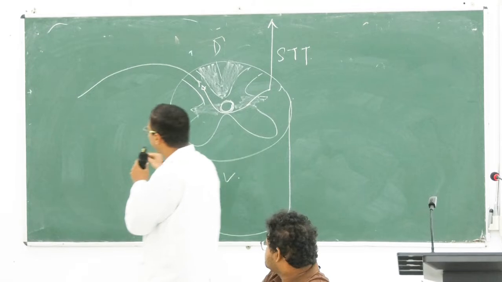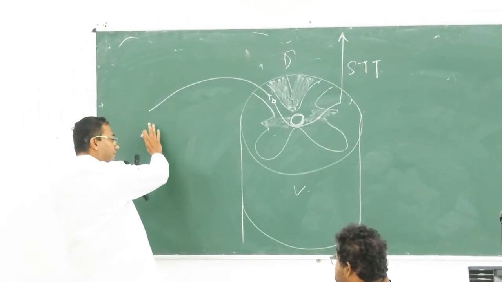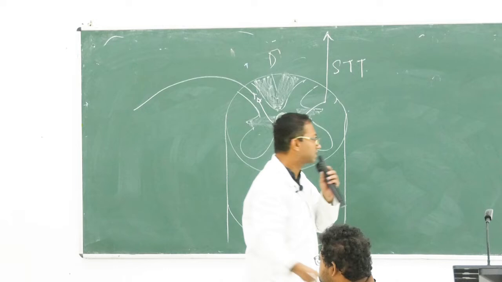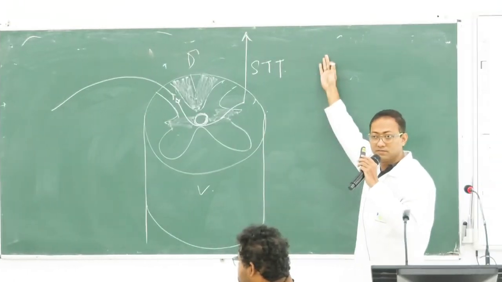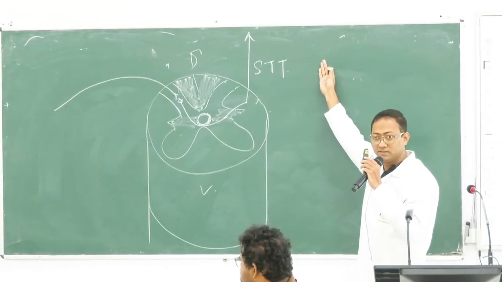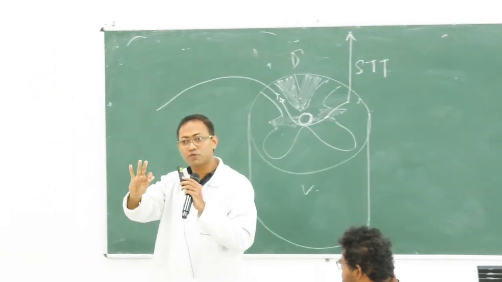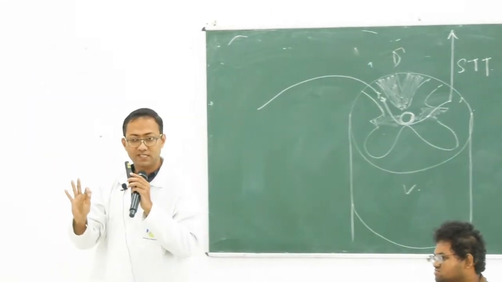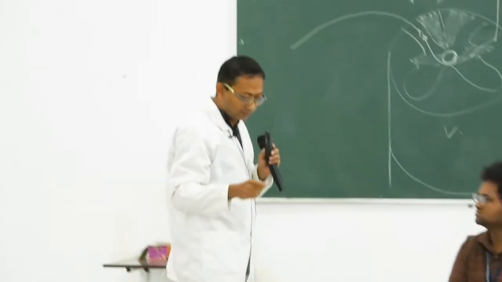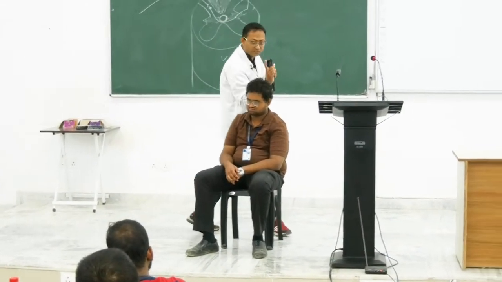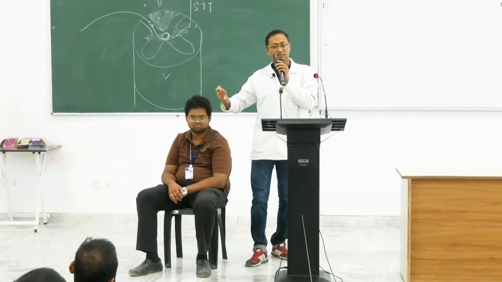So pain from this side will be felt by the somatosensory cortex on the opposite side. Clear? This is also true for proprioception: joint position sense from this side will be sensed by the somatosensory cortex on this side.